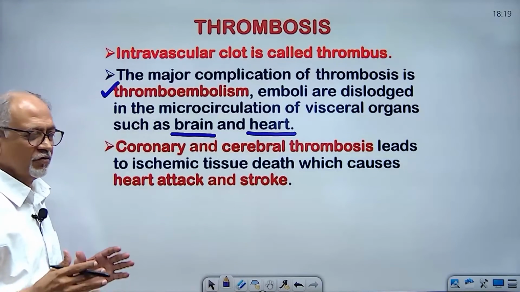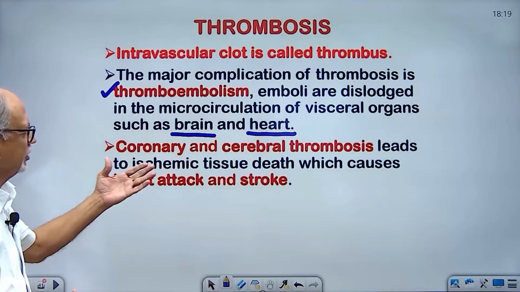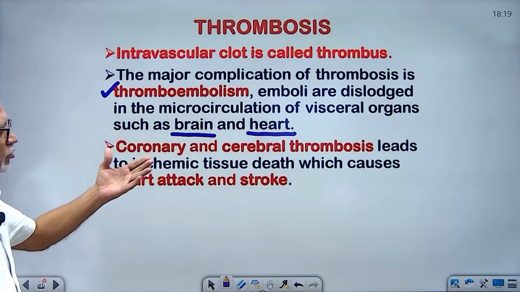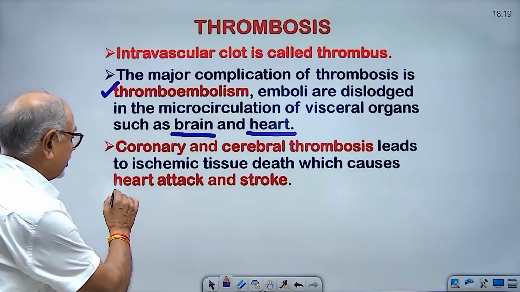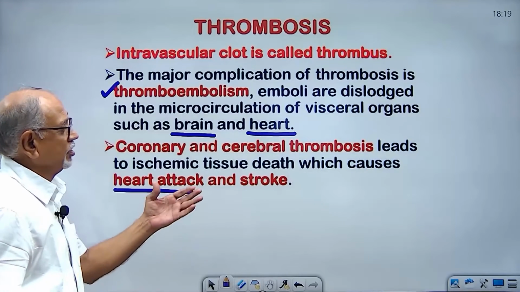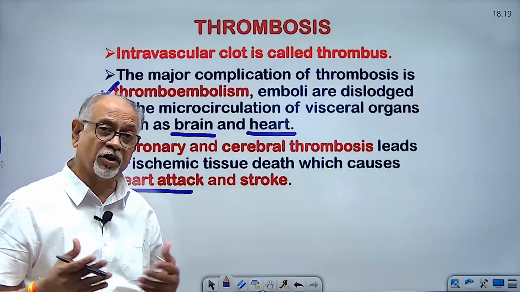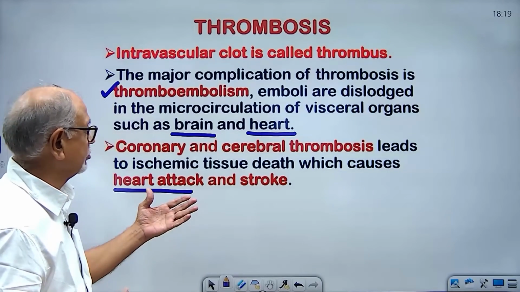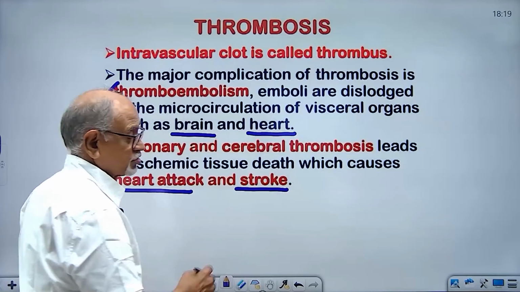These are very vital, and when there is a blockage in the heart, it leads to coronary thrombosis or heart attack. And when it is blocked in the cerebral part of the brain, it leads to paralysis or stroke.